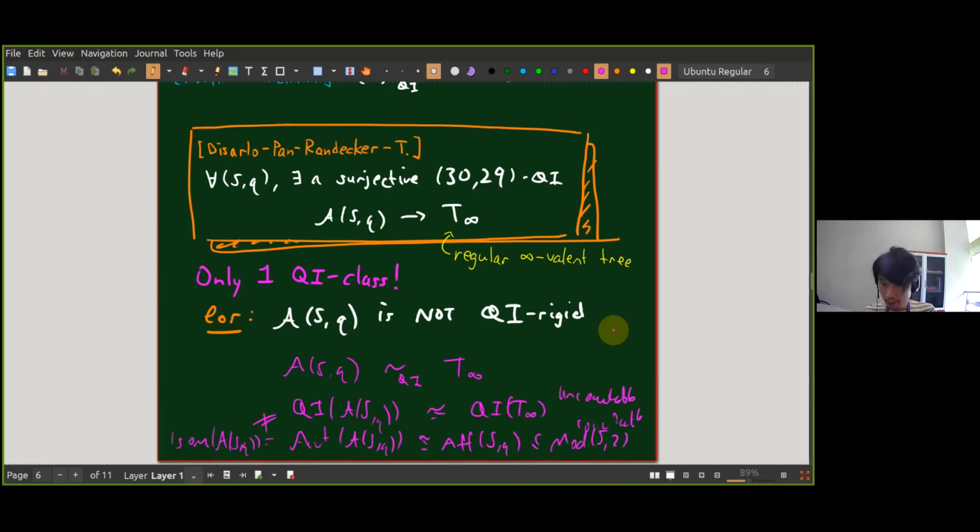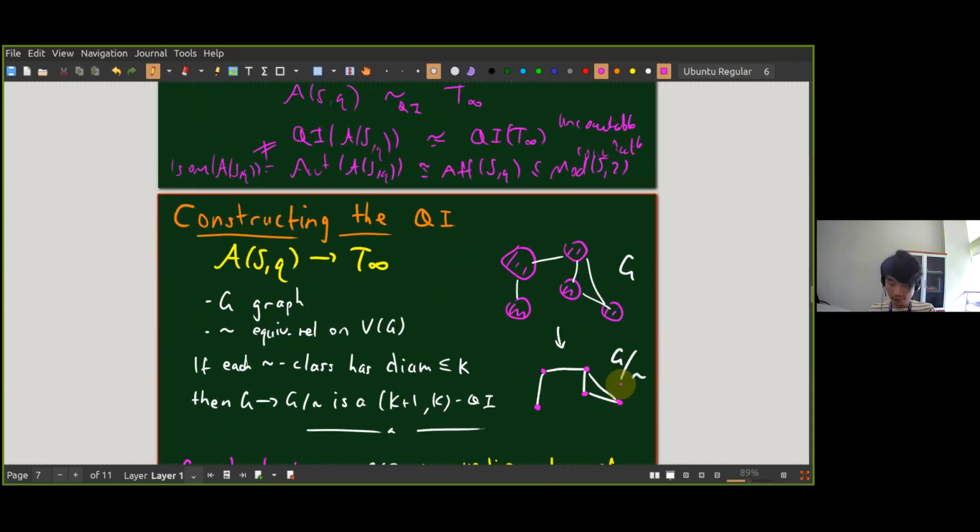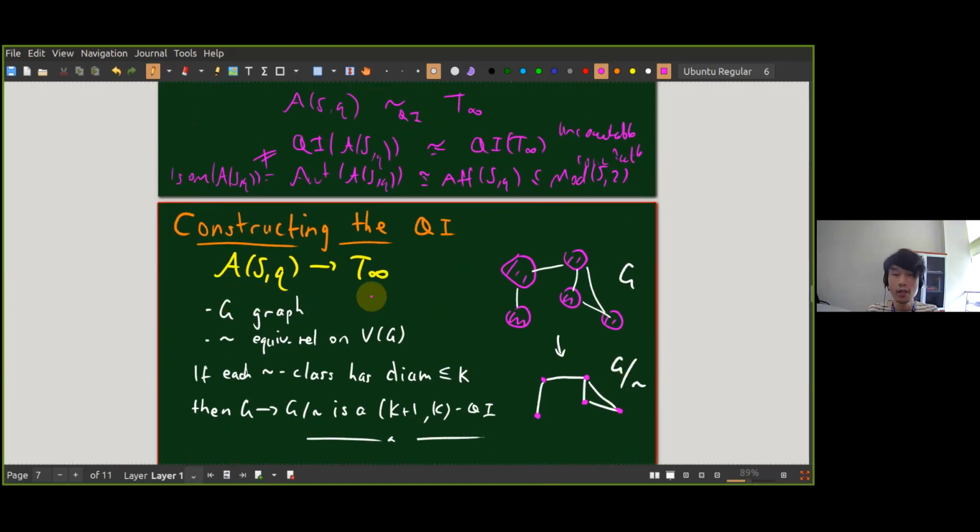In the remaining time, I don't know how much time I have, but I'll talk about how we actually construct this map. How do we construct this quasi-isometry from the saddle connection graph to this tree? The way we do it is that we construct a quotient map of graphs. Just a reminder, how do you construct a quotient map?